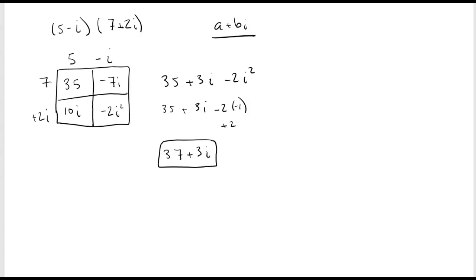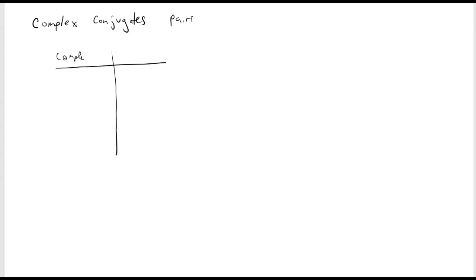Okay. With imaginary numbers, we also have what's known as complex conjugates. These are going to help us multiply and find our zeros because irrational numbers and imaginary numbers always come in pairs. So think of conjugates almost like pairs, right? So here's our complex number, and then here's your conjugate.